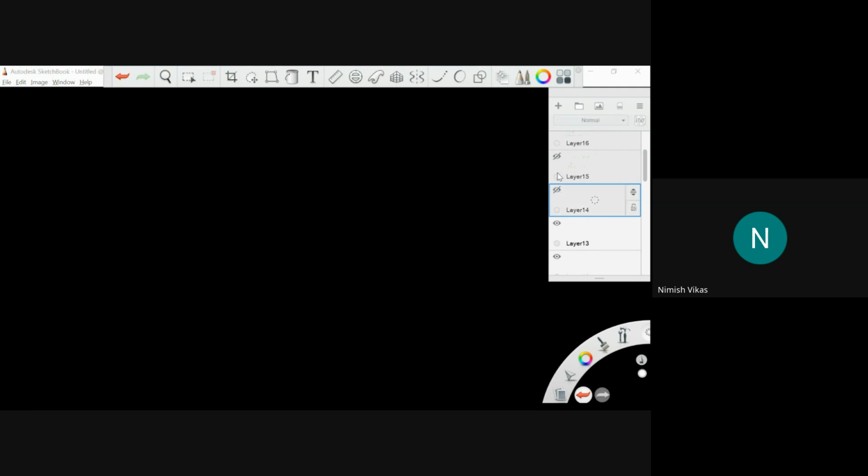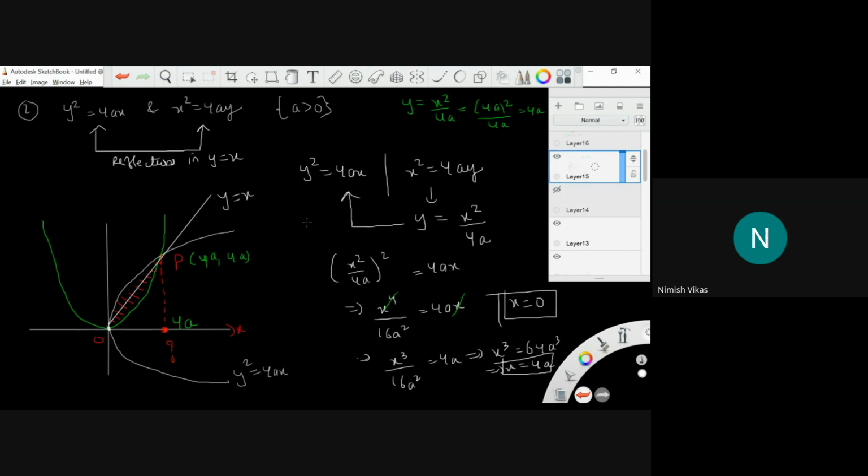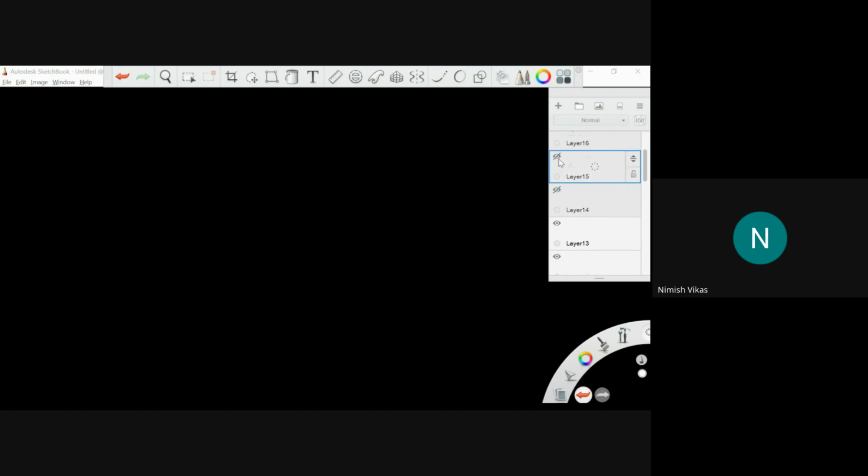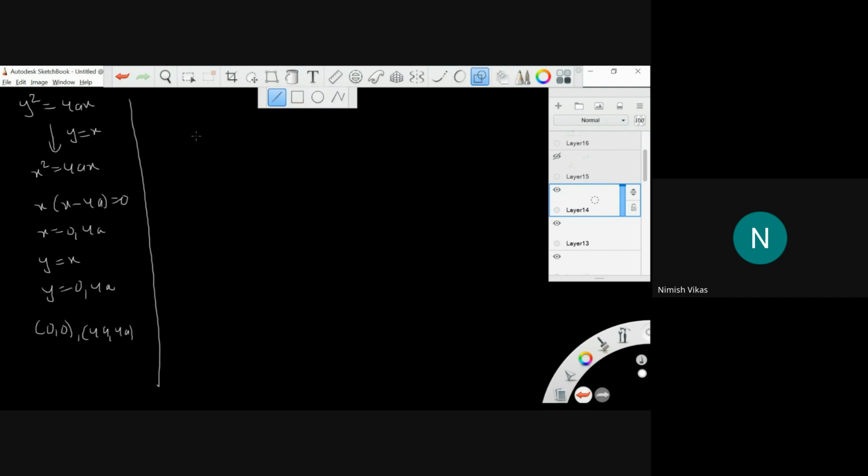Now next part. Now we have to do the integration. Integration of what? The upper graph minus lower graph. Let's draw it once again. So this is the graph y square is equal to 4ax, and this is x square is equal to 4ay.